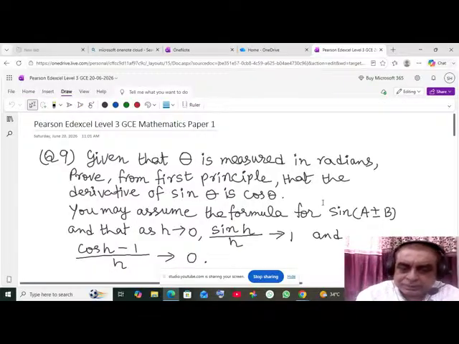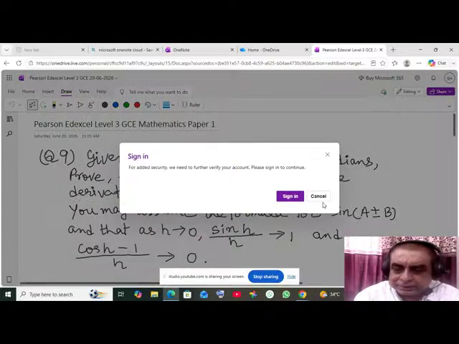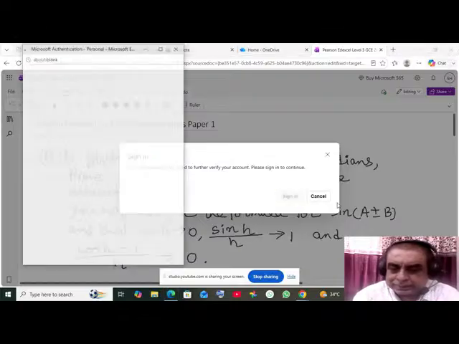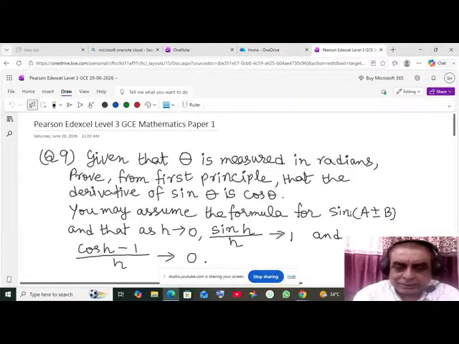Given that theta is measured in radians, prove from first principles that the derivative of sine theta is cos theta.